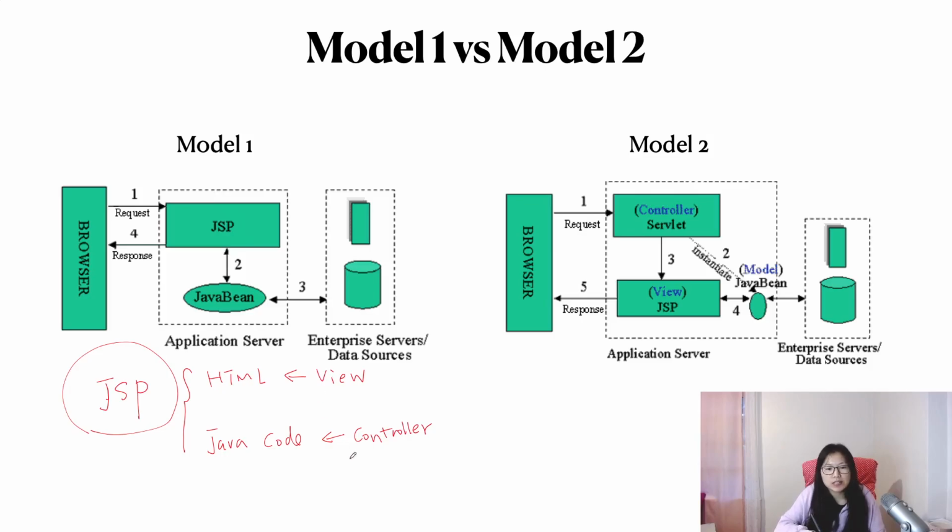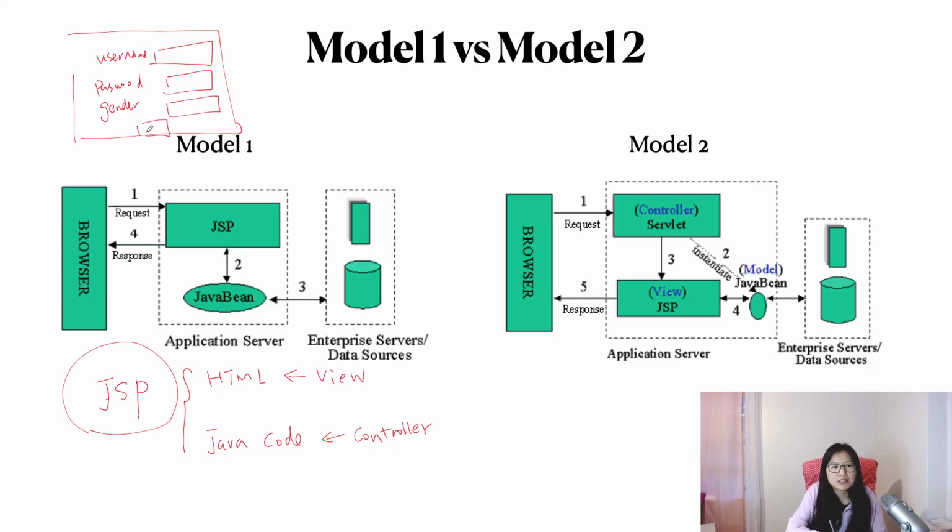Suppose you want to grab information from a page. Here we have a sign up page, with your username, then your password, and let's add gender, and then a sign up button.